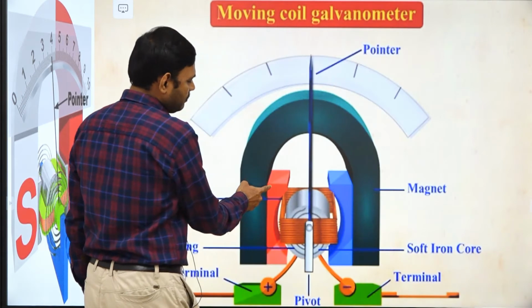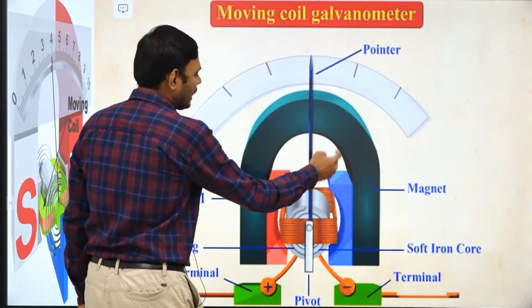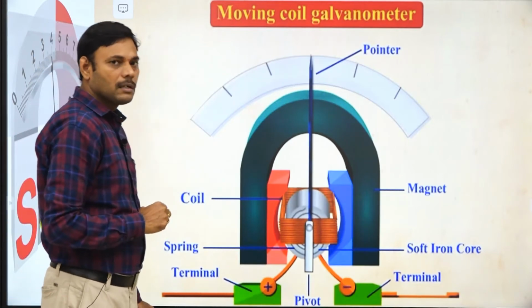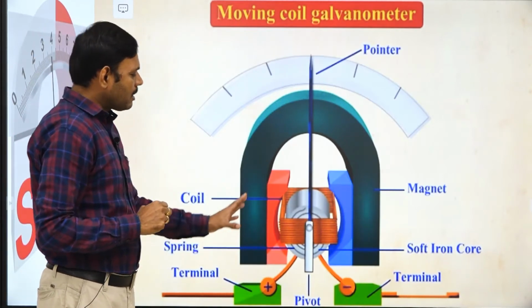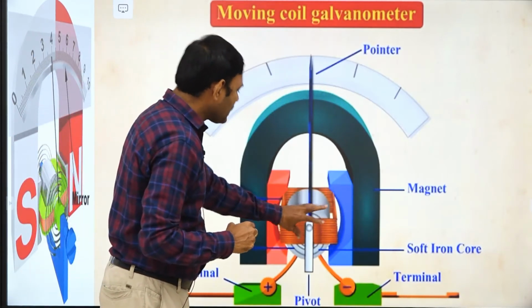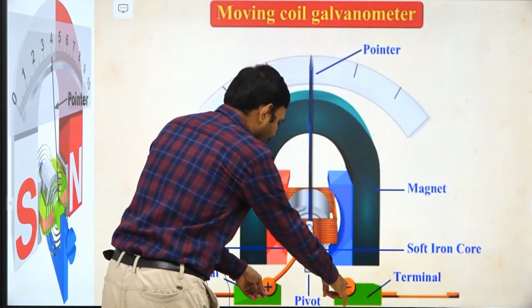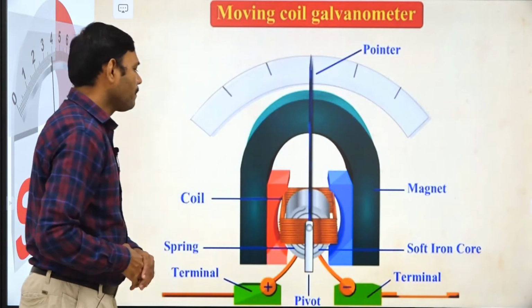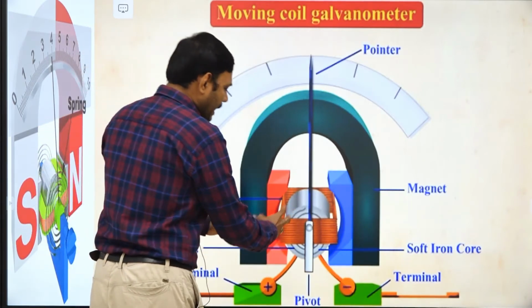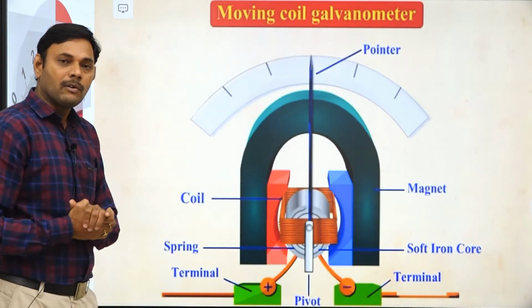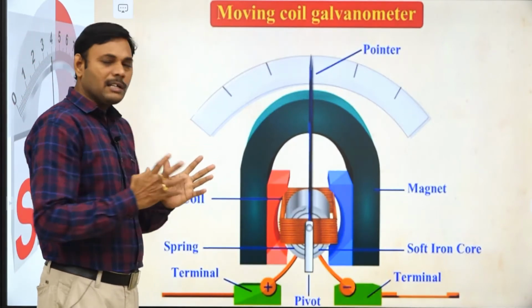In the diagram we observe red and blue colors. There are two permanent magnets. Between these two permanent magnets we put this coil, and this coil is connected to the battery's plus and minus. When current is passing through the coil in uniform magnetic field, we know that it should rotate.